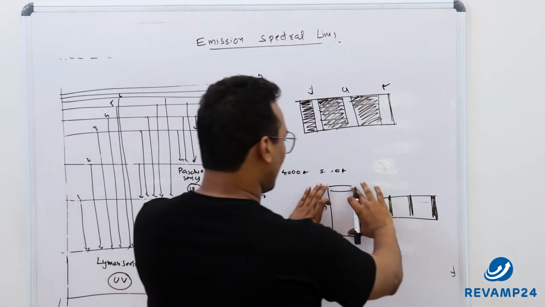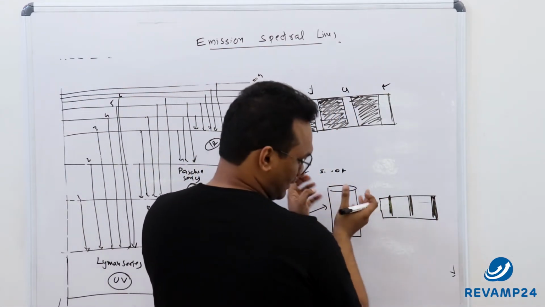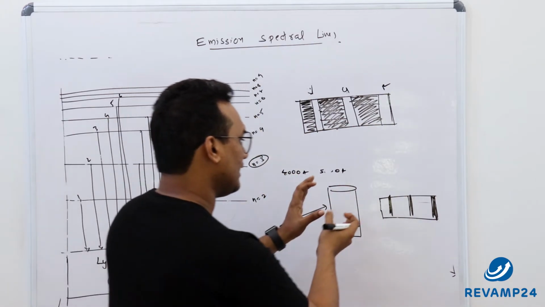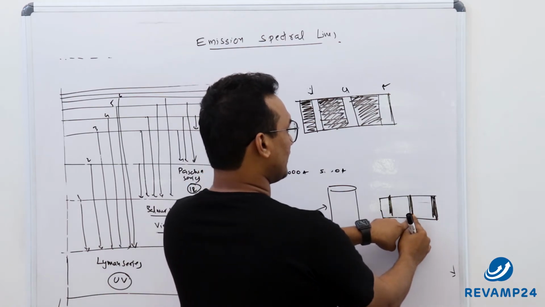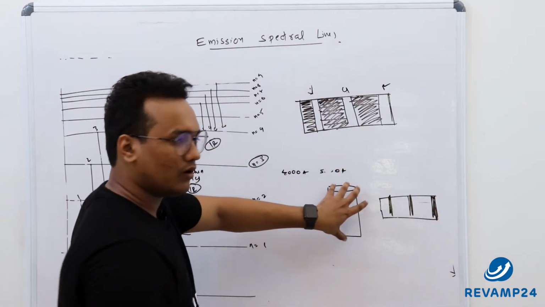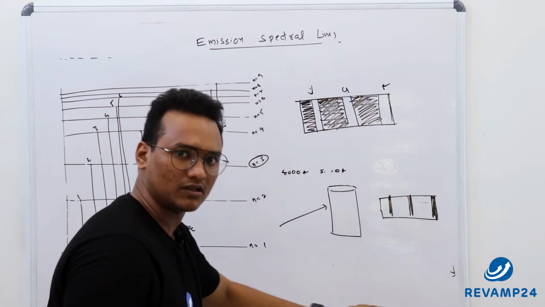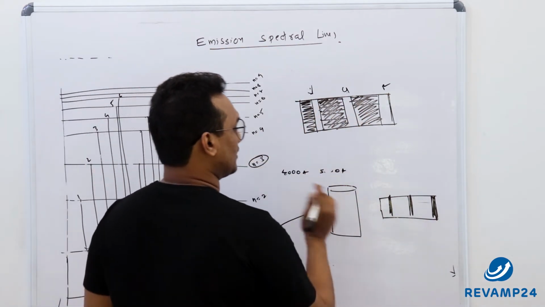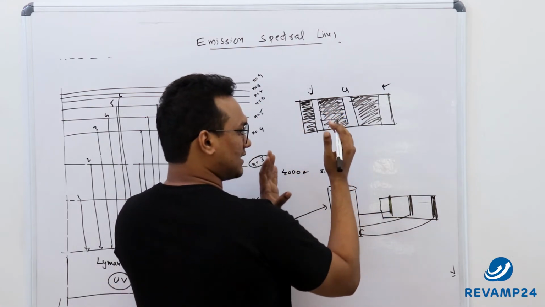Whenever a specimen, a gas inside a container, is excited, it will take in violet radiations and green radiations and red radiations. Now it is in the excited state. So these colors are taken inside and that has gone to an excited state.